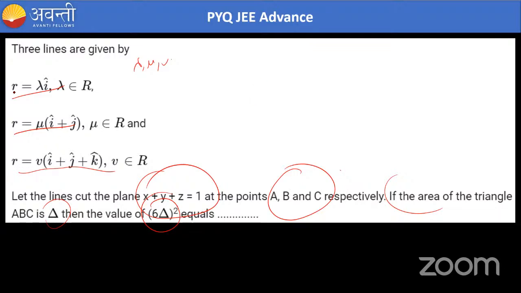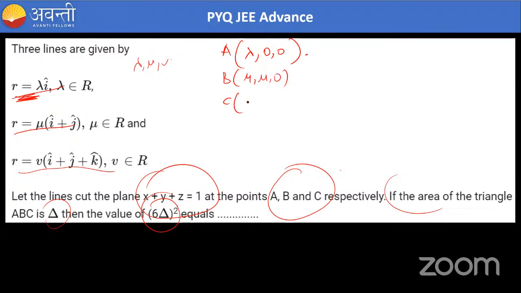Since r = λi, the point A can be put as (λ, 0, 0). B can be put as (μ, μ, 0).